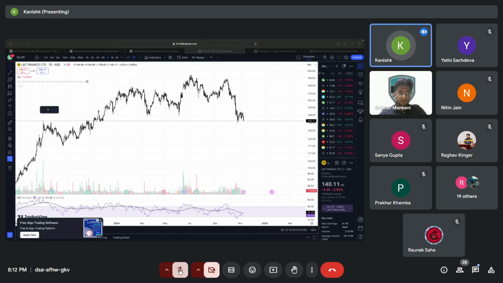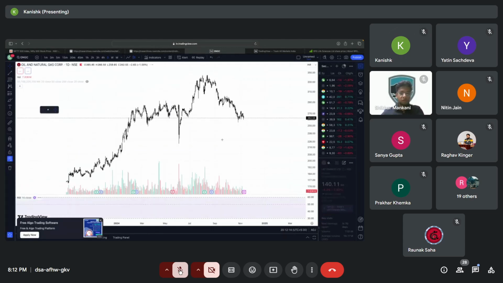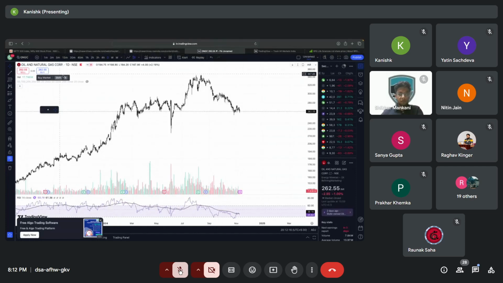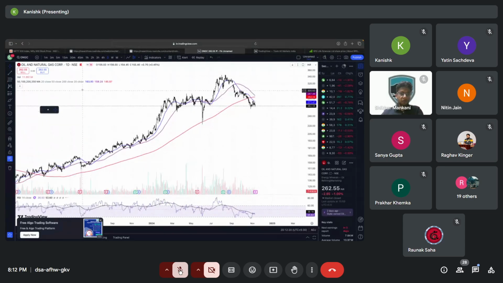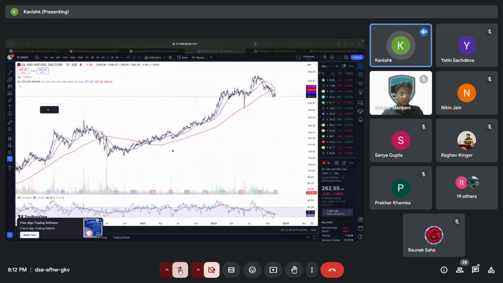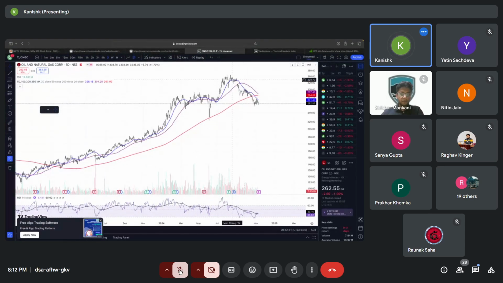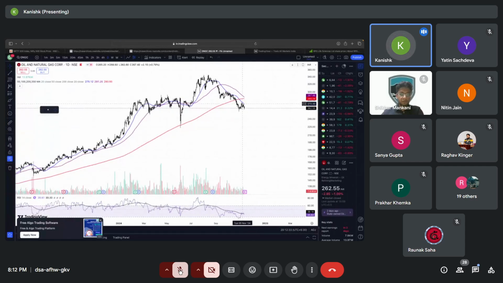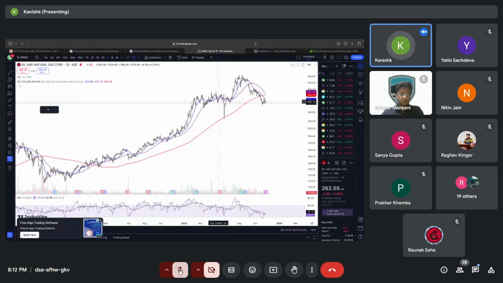Give me a second, I'll check it. See, in ONGC, I would say that the 200-day moving average is broken, and the stock has also formed a kind of head and shoulder pattern.